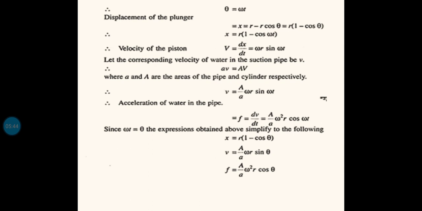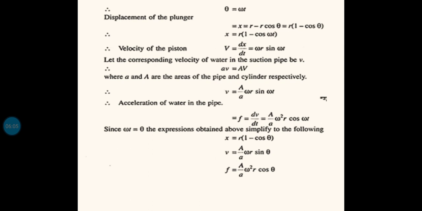Now just differentiate the above equation. dx by dt is nothing but d by dt of r into 1 minus cos omega t. Here r is going to be a constant, so we can keep it outside. Now we differentiate the first term, 1, which is a constant, so the differential will be 0. The next term is minus cos omega t.